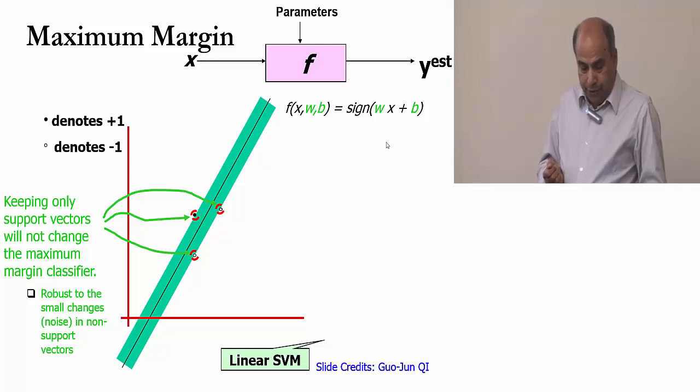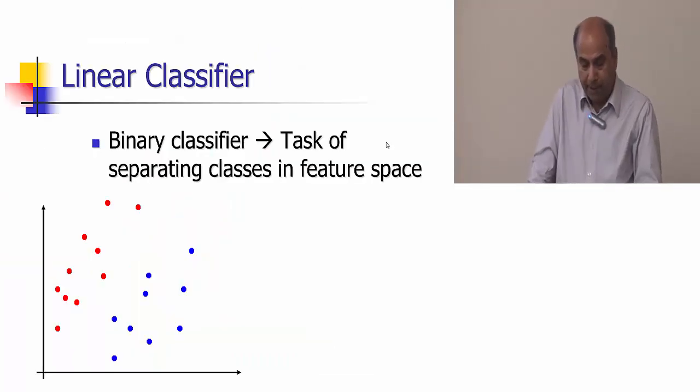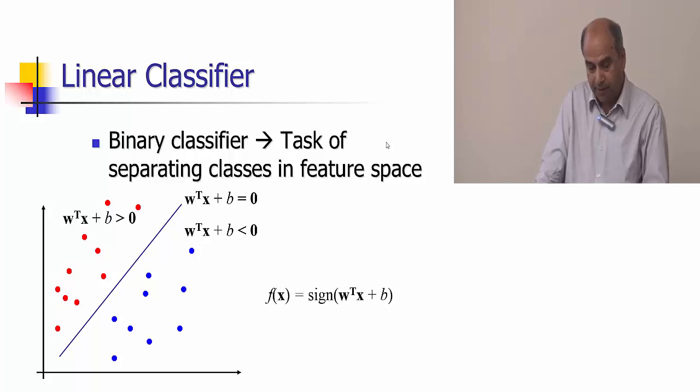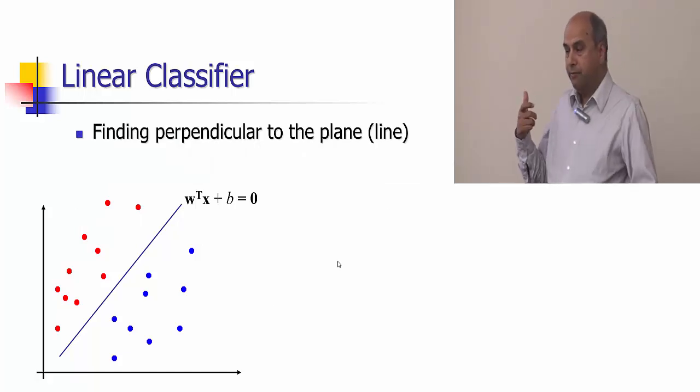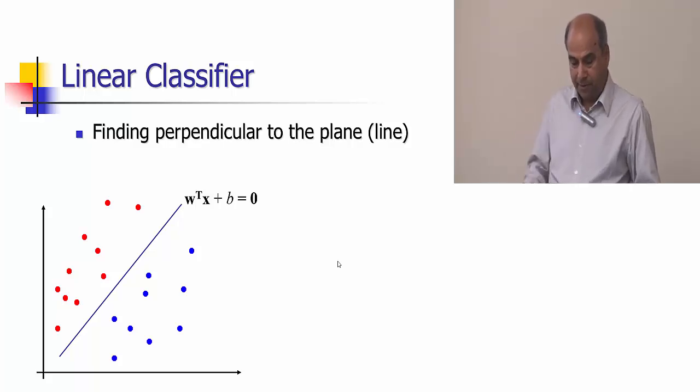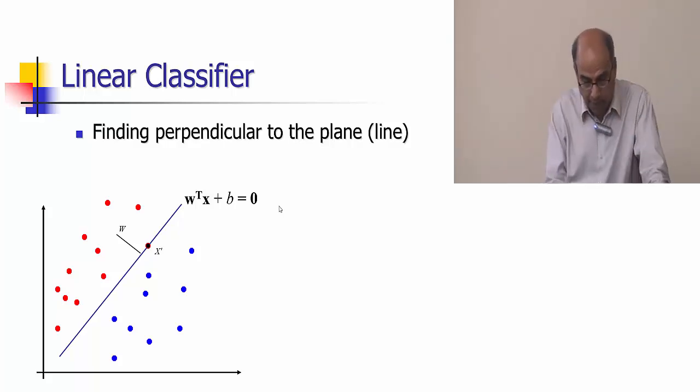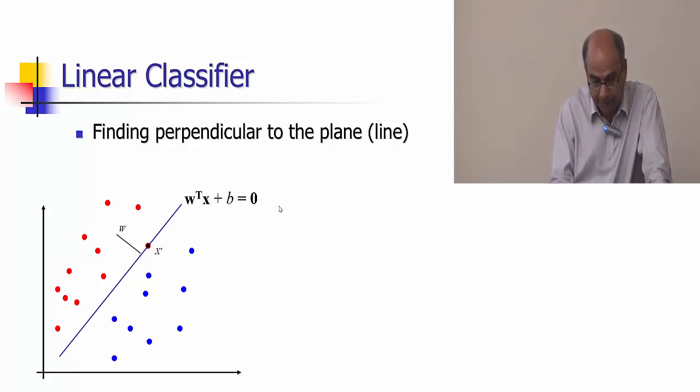Okay. So now we want to separate these classes, and this is the equation of a line, and these are the two other sides. This is positive, this is negative, and we're looking at the sign. Let's repeat. We are going to use some very simple concepts which will help us to understand. One is that we want to look at the perpendicular to the plane or line. If you look at 2 points, x prime on this line and x double prime, then they lie on the line, so they should satisfy this equation.